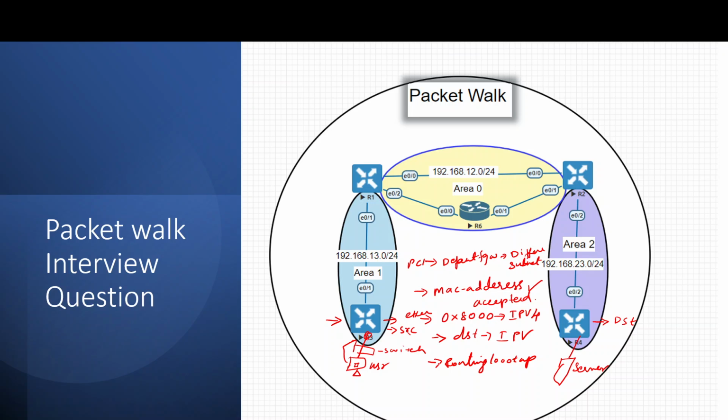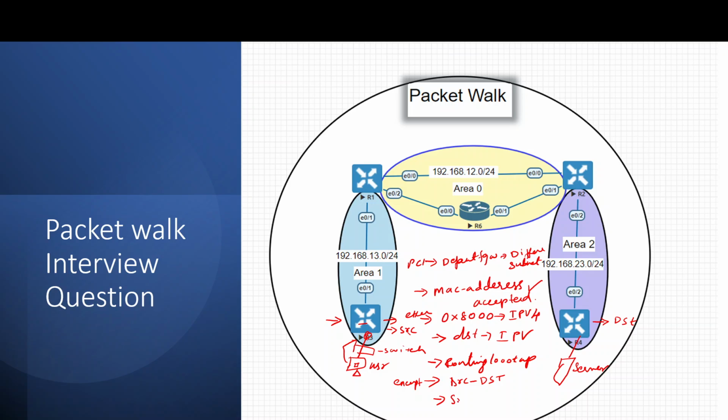Once it does the routing lookup, it will form a packet again. Again, it encapsulates. The source IP and destination IP will not change, but now the packet is received here, so it has to put its own MAC address as the source MAC address.